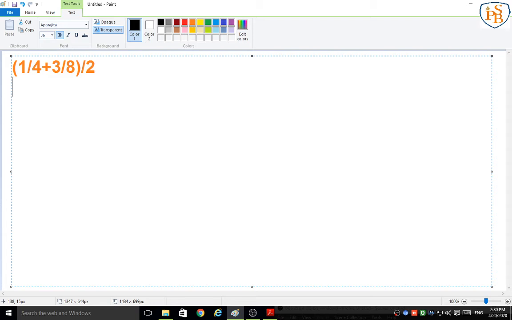I multiply 1 upon 4 by 2 on top and bottom, so 1 into 2 divided by 4 into 2, and plus 3 upon 8 will remain the same. I put this in a bracket, and outside the bracket I give divided by 2.